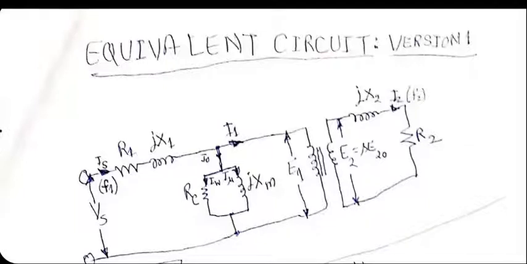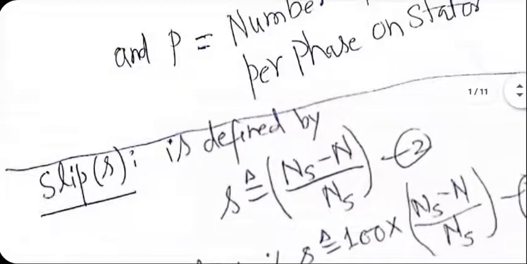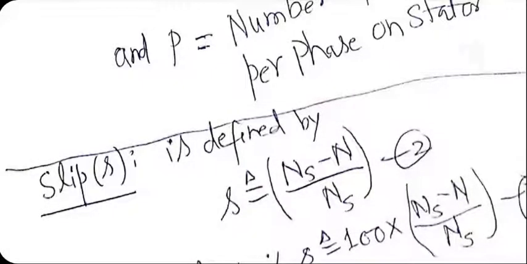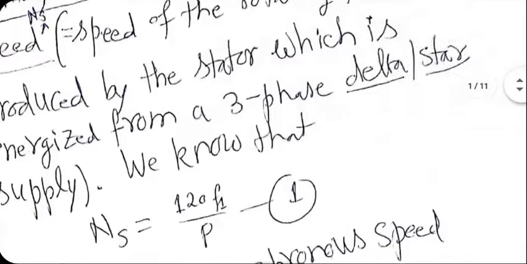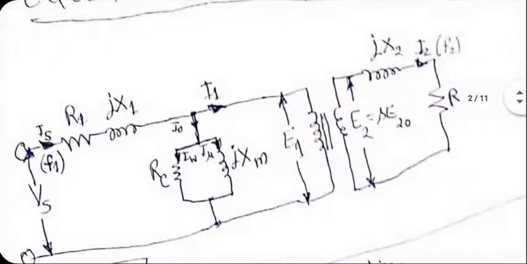In the beginning, when rotor is not rotating, capital N is 0. So relative slip will be 1, and F2 and F1 will be equal. But as rotor starts rotating, slip will become less and less, so rotor frequency F2 will become lesser and lesser because F2 is S times F1.